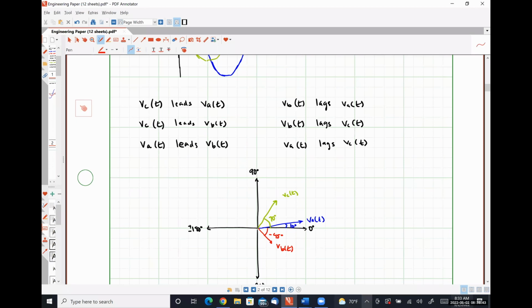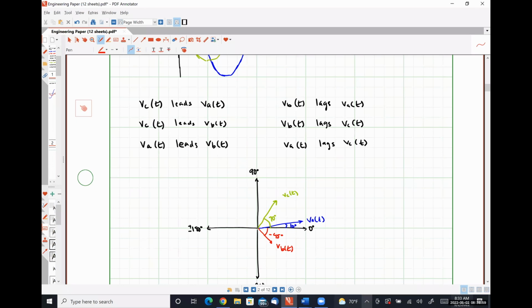Effectively, what we're looking at here is any angle whose phase angle is more positive than the others is leading, and any that's more negative than the others is lagging.